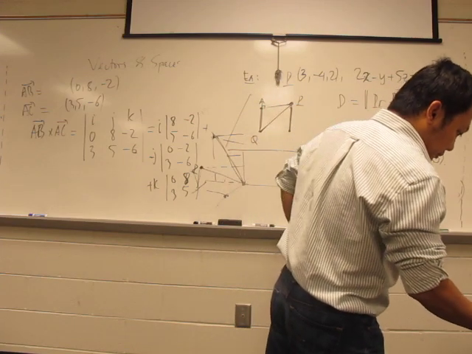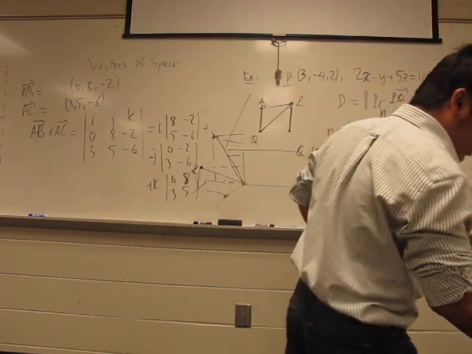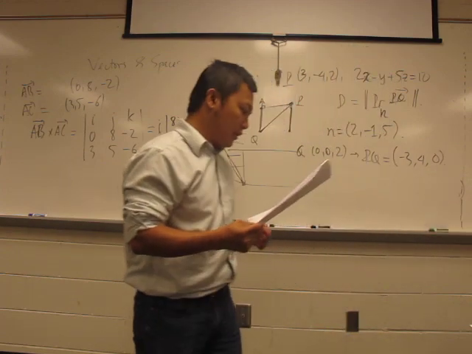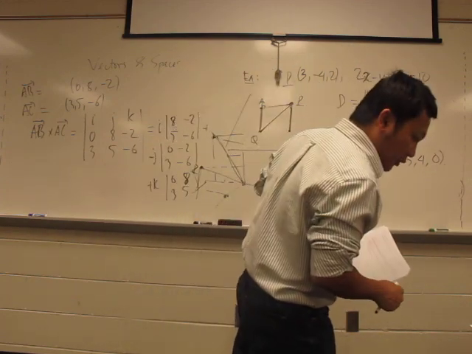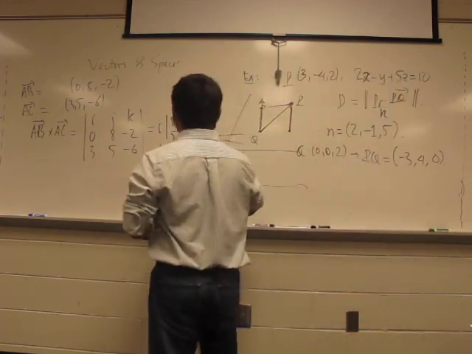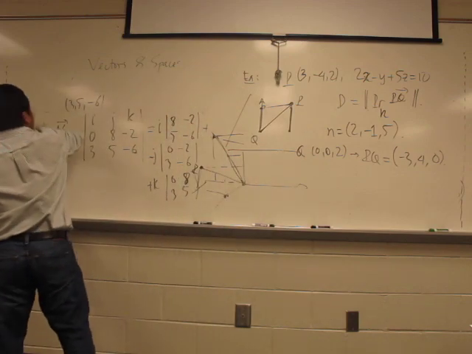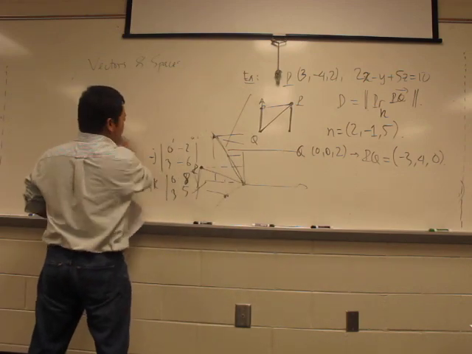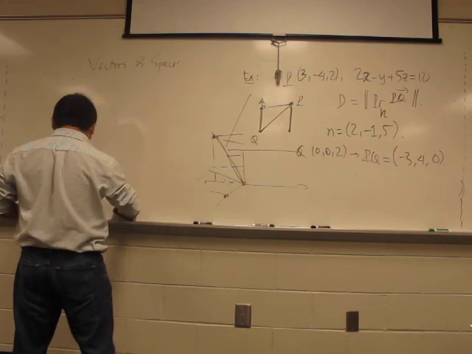Next one. We have another formula: how to find the distance from one point to a plane, to a straight line. But when I check the practice exam, I don't see that problem.